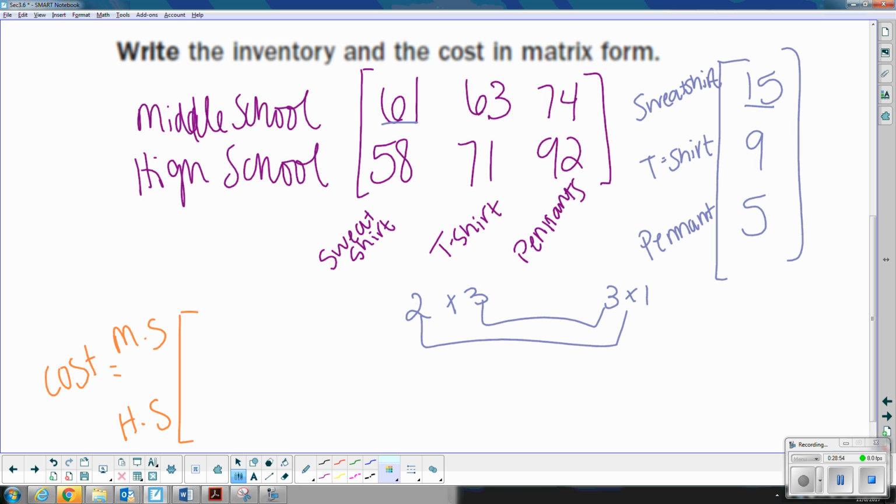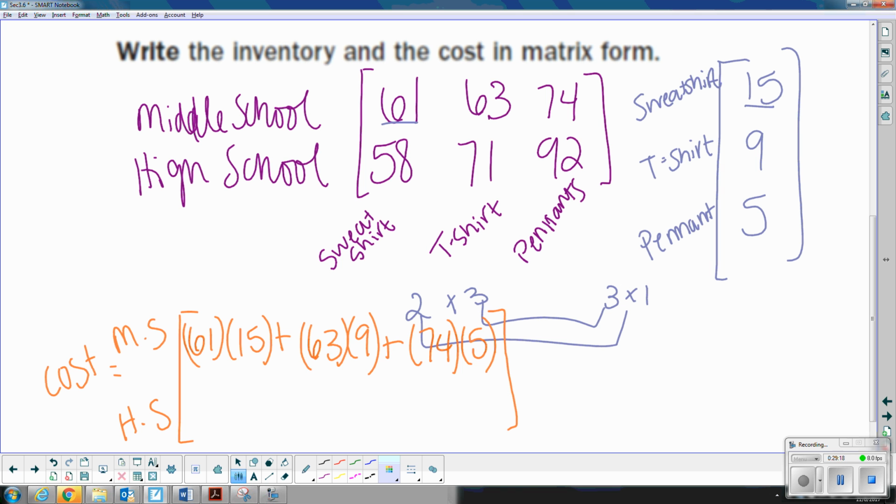So middle school is 61 times 15, that's our sweatshirt cost, plus 63 times 9, that's our t-shirt cost, plus 74 times 5, that's our pennant cost.